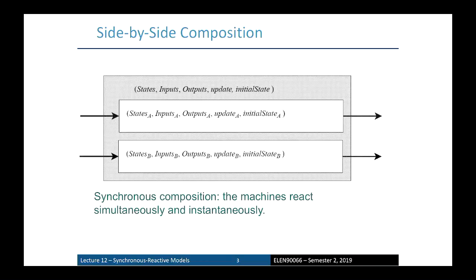Remember, if we had these reacting asynchronously, we had to determine some semantics about who is allowed to react and what the reaction process is. So we've got A and B as state machines, and we have to make a choice. Do we allow A, do we allow B, or do we allow both of them to react at the same time for asynchronous side-by-side composition?